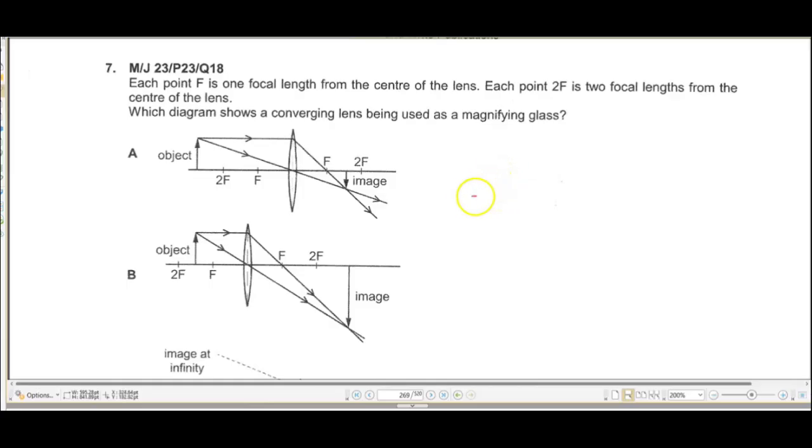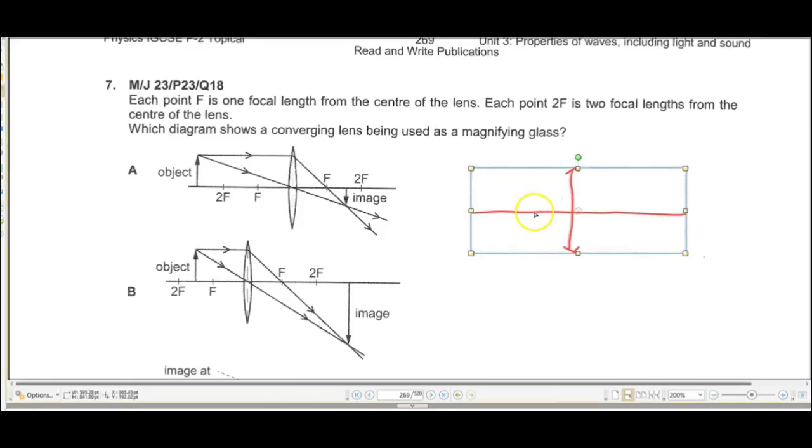Okay, so it usually is like this. We use this line for a converging lens. Basically the case for this situation is that the object is between F and the optical center of the lens.